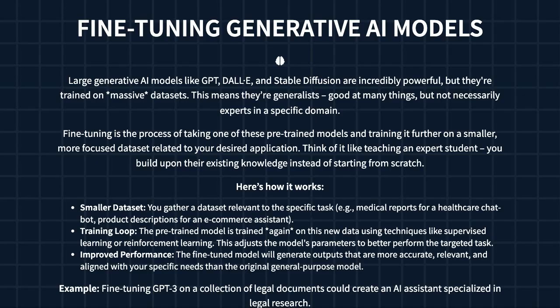Imagine you're teaching someone who already knows a little bit about something. You don't have to explain the basics again, you can just focus on the specific details. We provide a smaller, focused data set, then train the model, further adjusting its internal settings to become an expert in that particular area. It's a fantastic way to get really powerful and targeted AI for your projects.